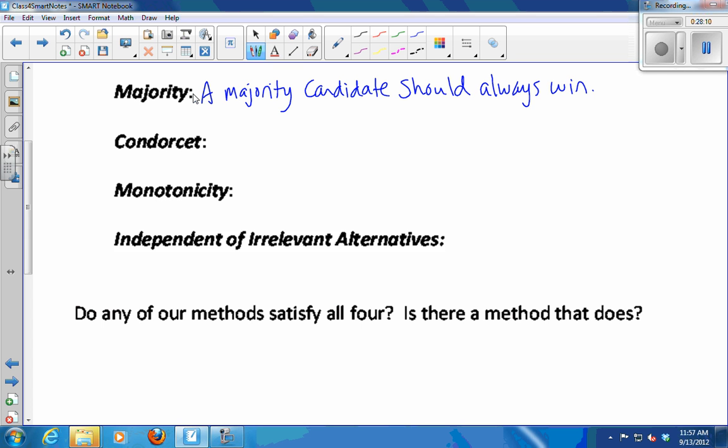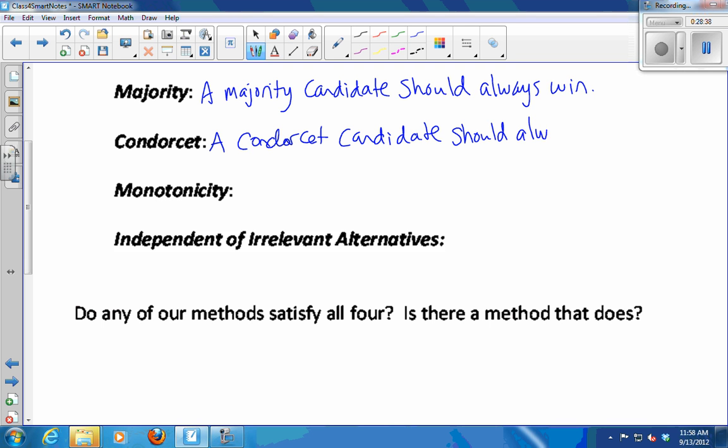We have seen that it's possible in certain methods to have a majority candidate who does not win. Condorcet says that a Condorcet candidate should always win. Majority implies Condorcet, but you can be Condorcet without a majority.